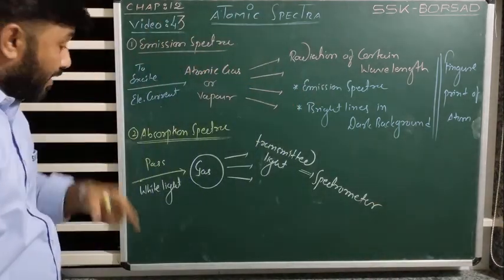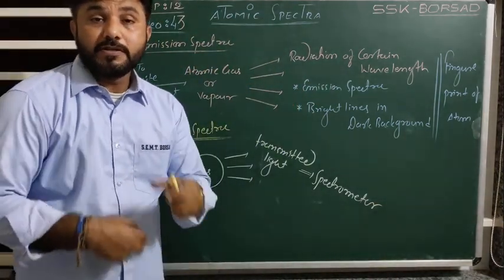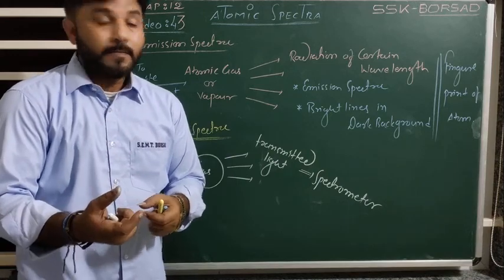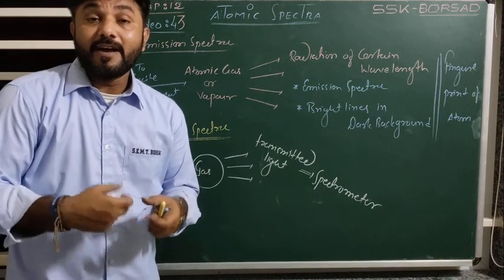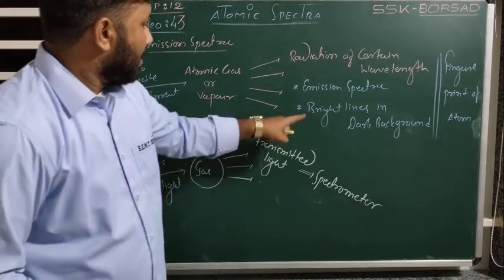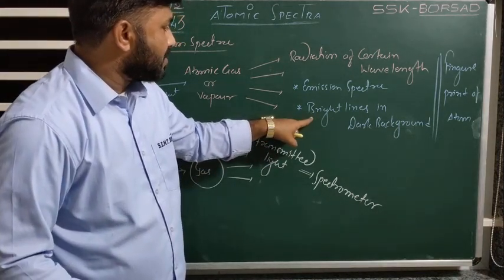A spectrometer is a device which is used to see that absorption spectra. Absorption spectra have dark lines, vice versa of this.